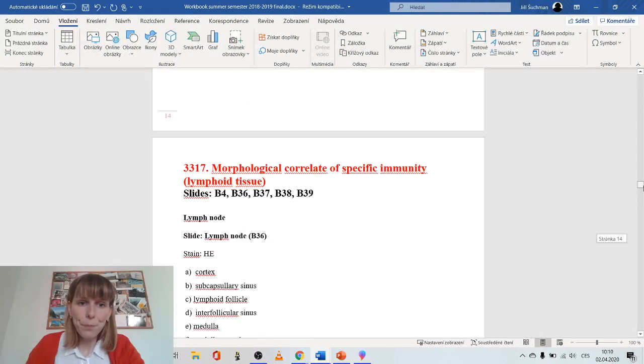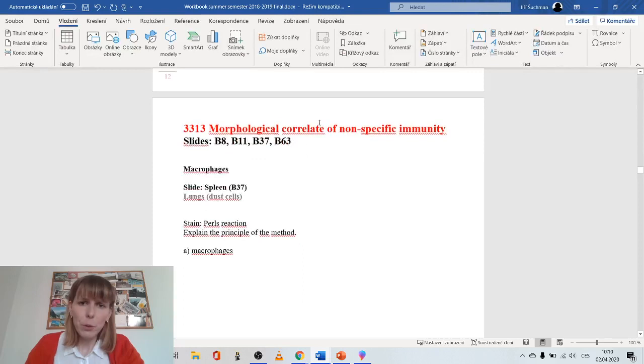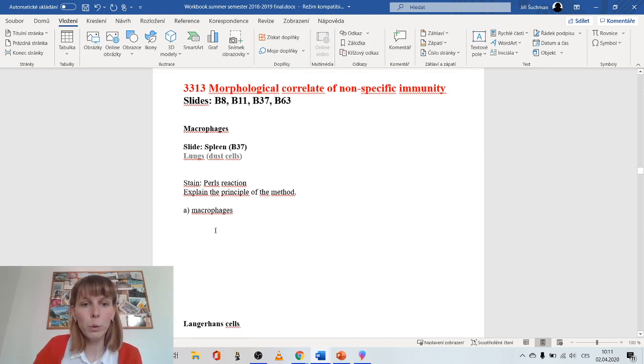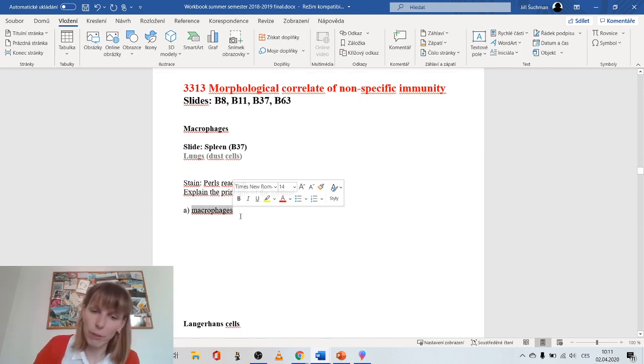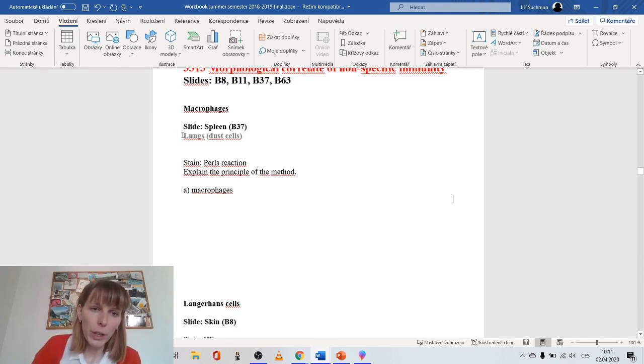So for non-specific immunity, you should know the principle of the Pearl's reaction: the iron cations in the hemosiderin get stained blue, and we have seen the macrophages on the picture. That's it for the spleen. Now we will quickly take a look at the lungs and the macrophages in the lungs as well, and then we will get on to the skin.